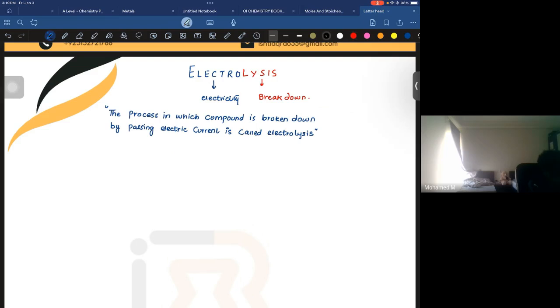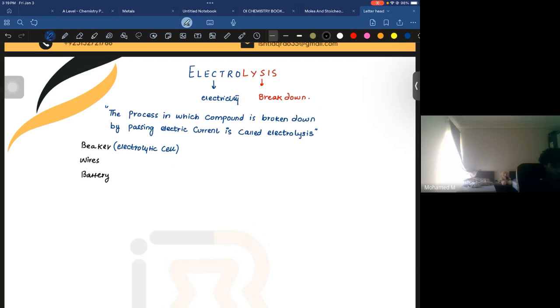Beaker is also known as electrolyzer, or electrolytic cell. The second thing that we need is wires. The third thing that we need is a battery, also known as the power source.